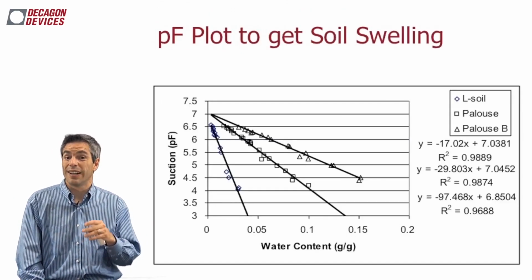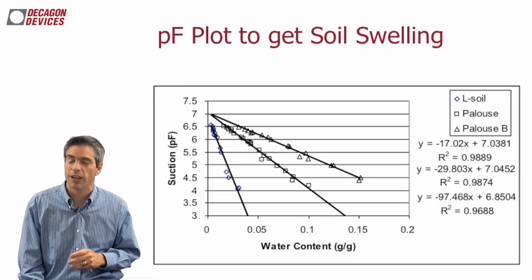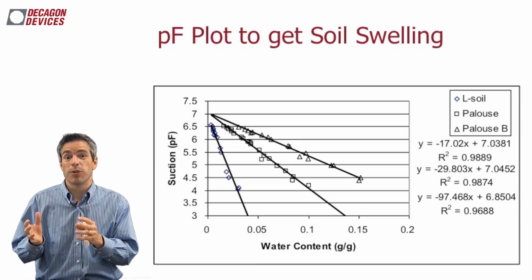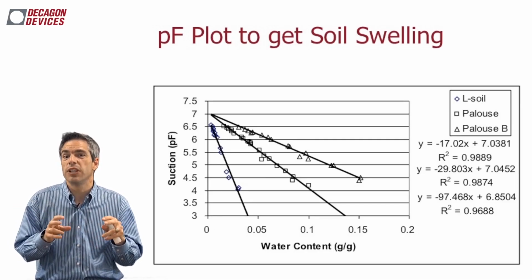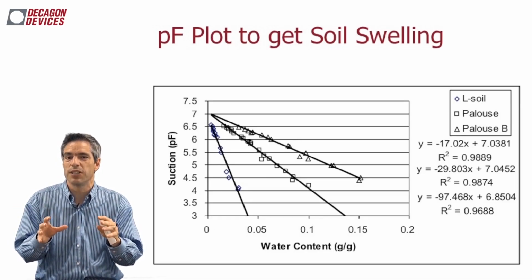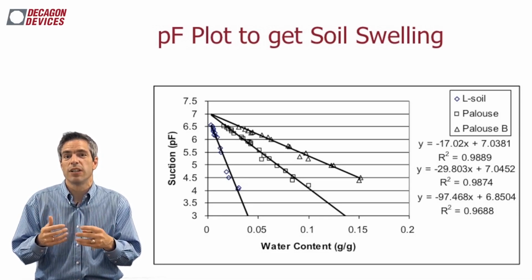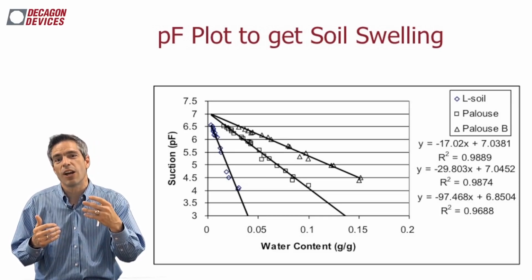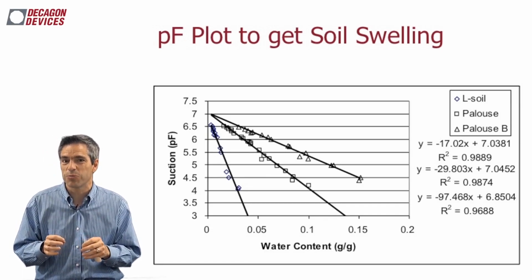Another thing we can do, and I mentioned a little bit earlier, talking about swelling soils and having your house crack in half. Bad thing. We can use our SWCC and plot the suction in PF. Now, I'm not going to go into what all this means. It's basically the PF is just the log base 10 of the water potential, starting at 1 centimeter of water. If you watched Dr. Kobos' presentation, you know how to convert those.